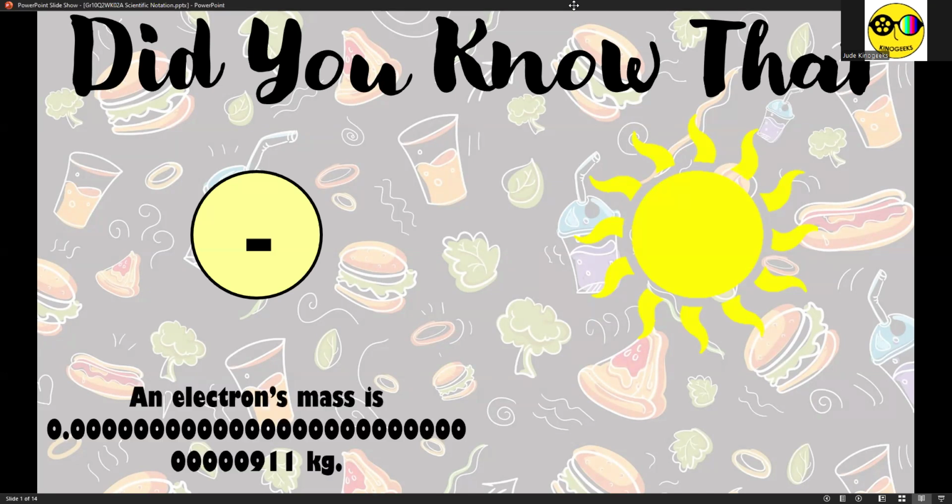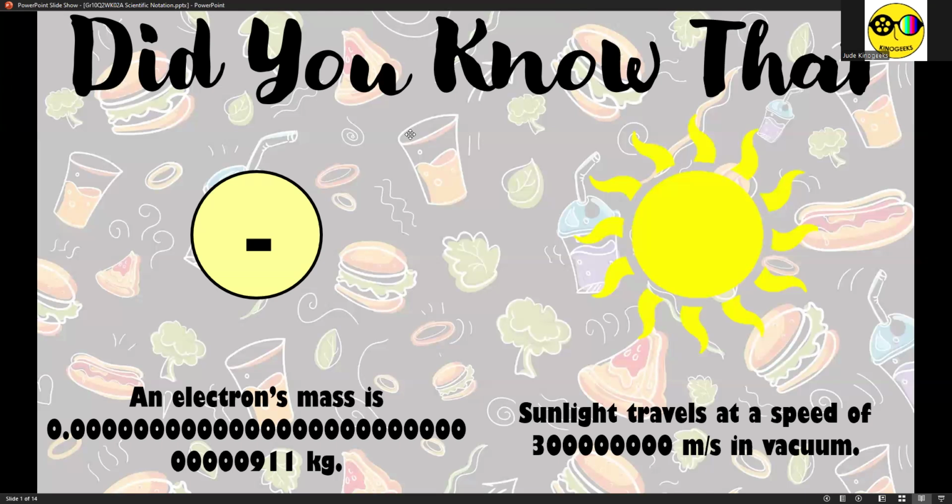Did you know that an electron's mass is 0.000... (a very long string of zeros), while sunlight travels at the speed of 300000000 meters per second in vacuum?